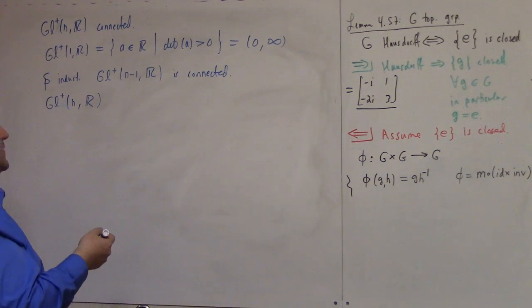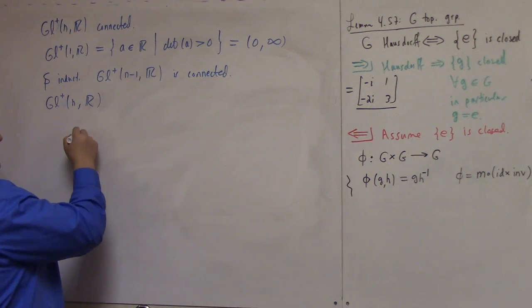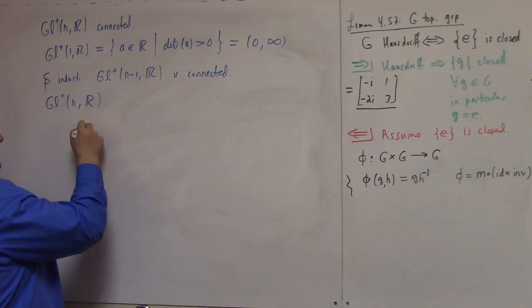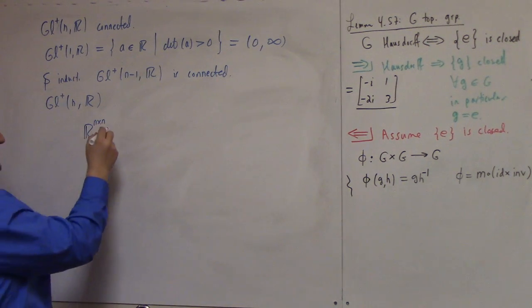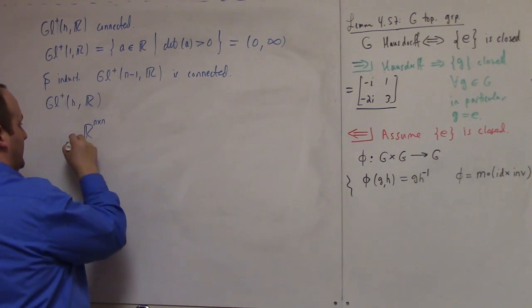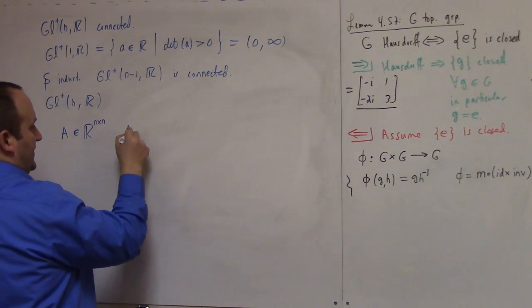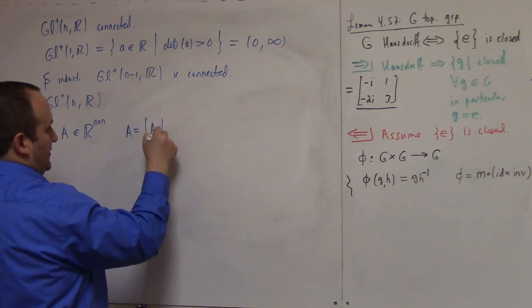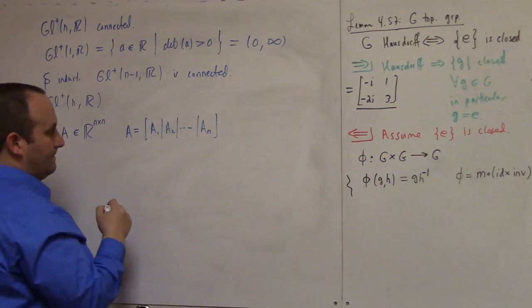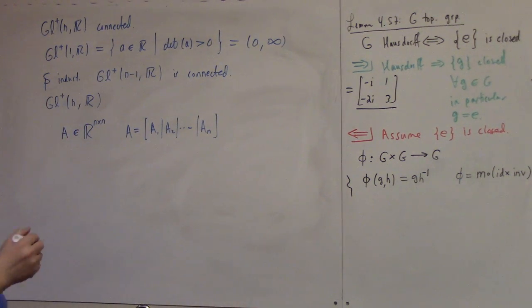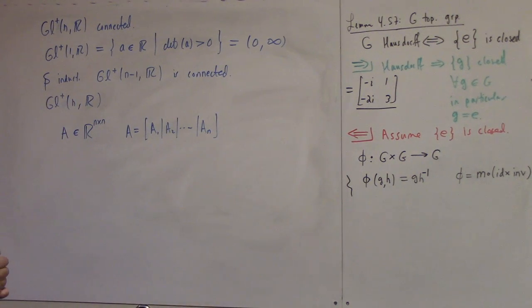So this is the thing we're basically struggling with. We're looking at something like an n by n matrix of real numbers. If A is an element of that, then A is something like A1, A2, through An, where those are each n-vectors.